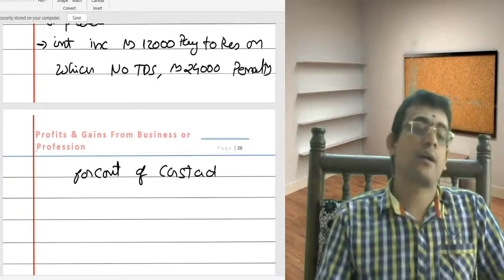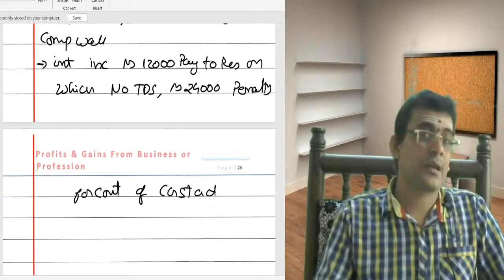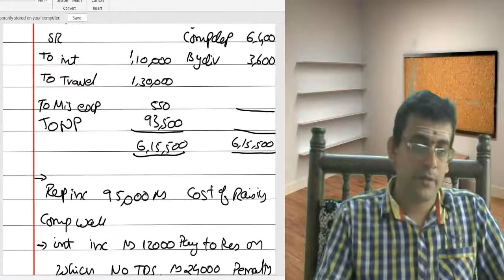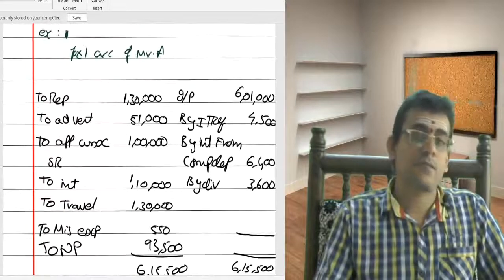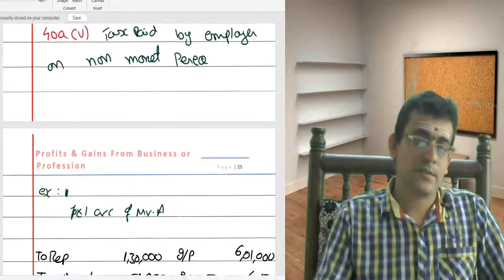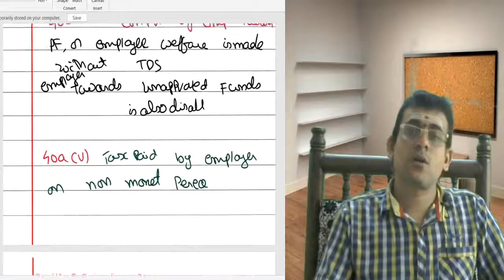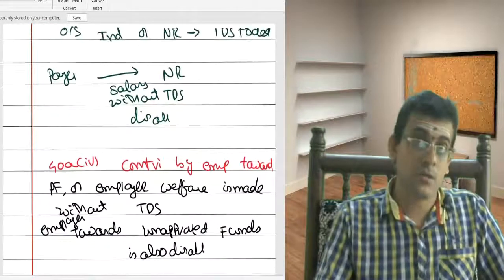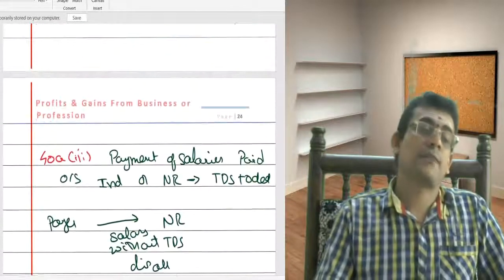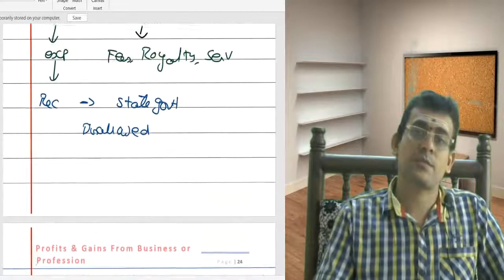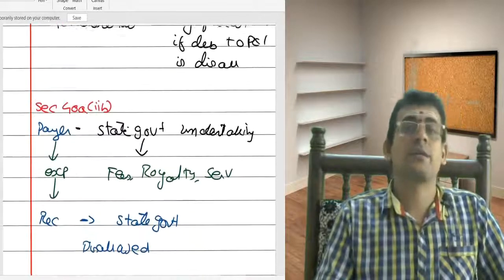Before getting into that, I want to add one more point in section 37 subsection 1. Let me go back. In 37 subsection 1, we have discussed disallowances. There we have seen that any expenses incurred for corporate social responsibility CSR activity are disallowed.